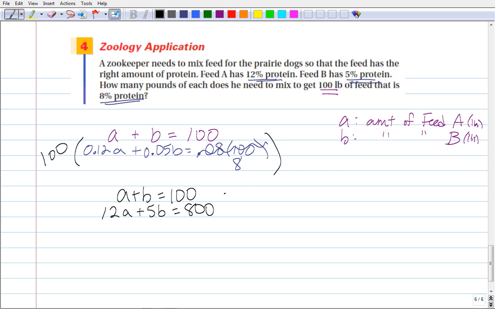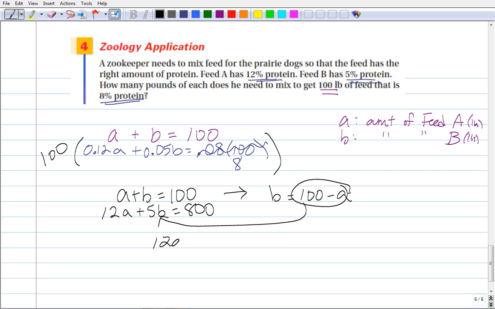It's up to you. If I just go ahead and solve this one, say for B, B equals 100 minus A, or negative A plus 100, either way, 100 minus A. Then I'm going to substitute that in for my B here.